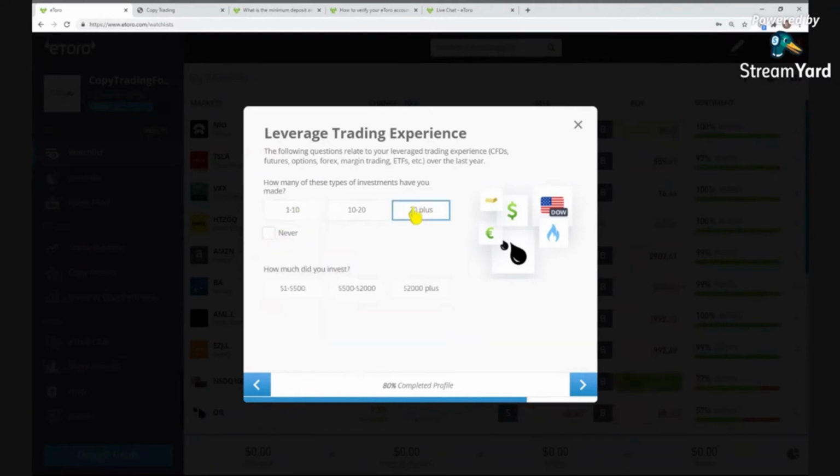So I'm just going to click on here, and you're setting up your first account. That's up to you guys what you put in there. If you want to use leverage in the future, you might have to say 1 to 10, but make sure to study leverage and understand that you can lose money very fast with leverage. But that's up to you. If you've never, you can click never, but that's up to you guys.